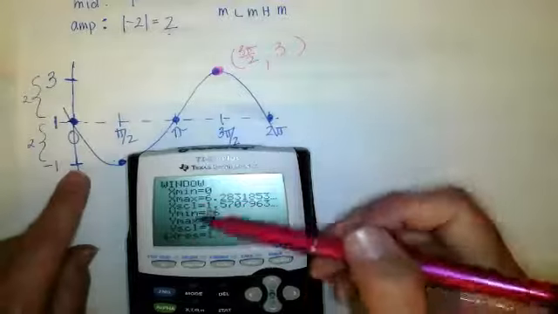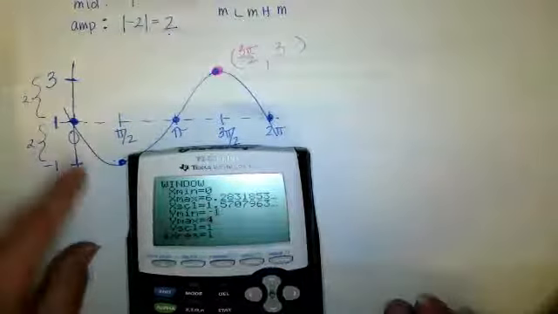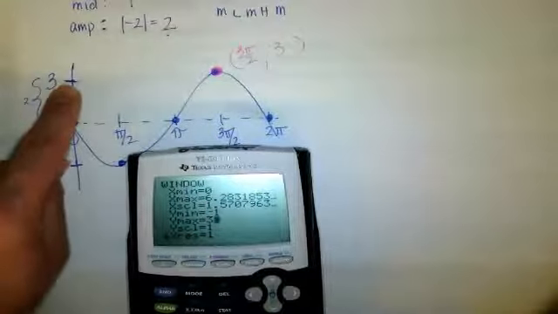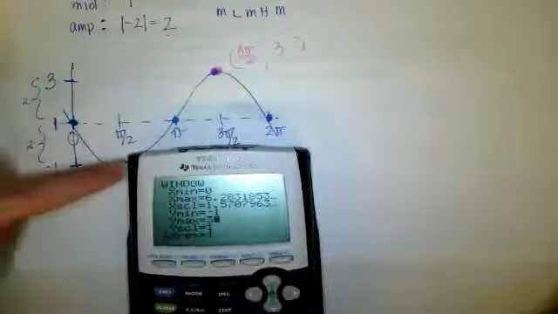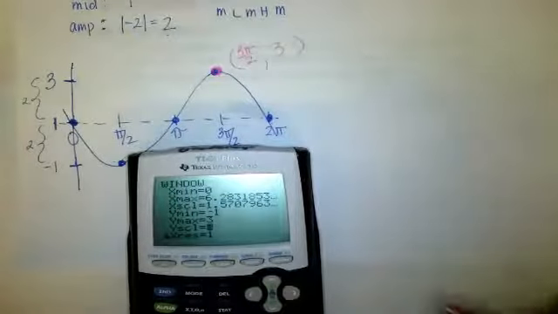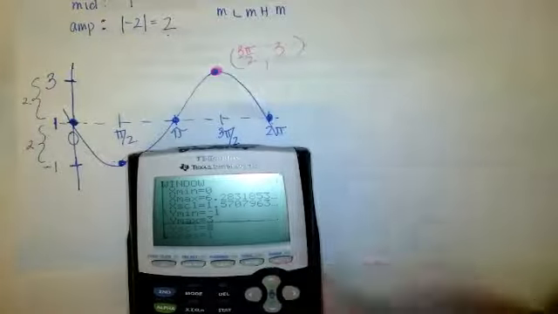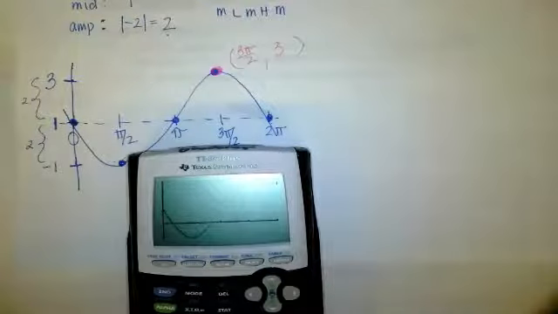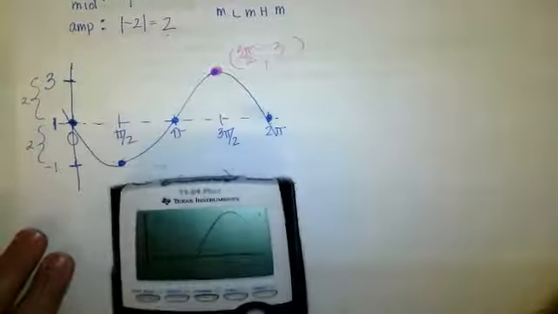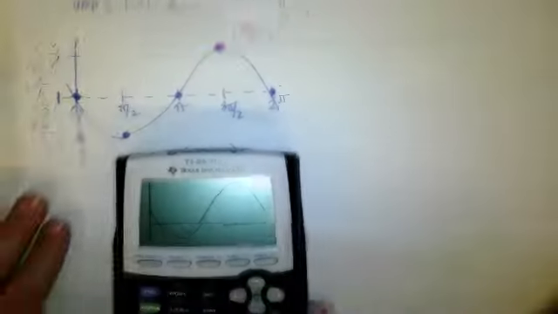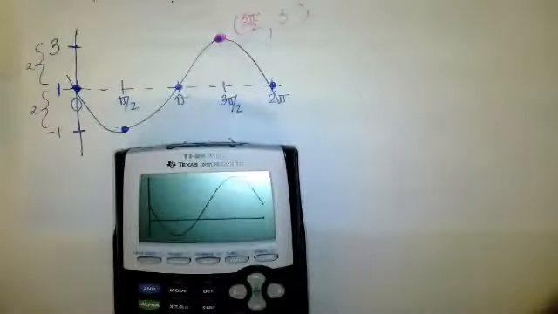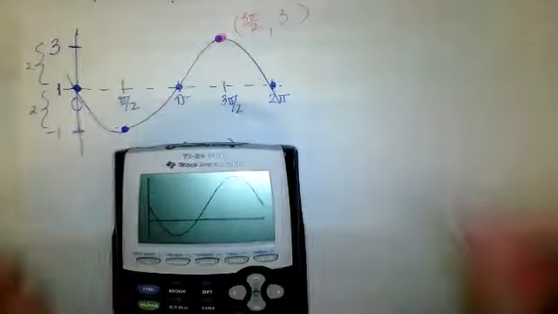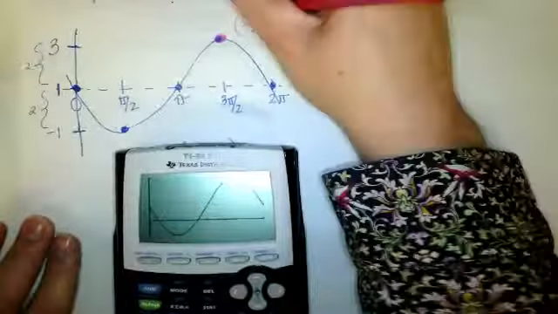I want my y minimum to be -1 and my y maximum to be 3. So you can change your window so that it exactly matches what you've graphed by hand. And then when you graph your function, it looks the same, doesn't it? That's pretty cool, right?